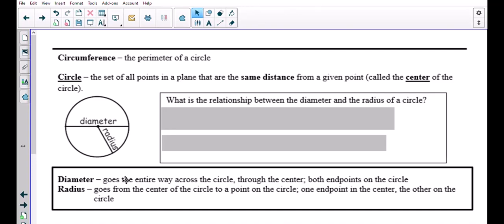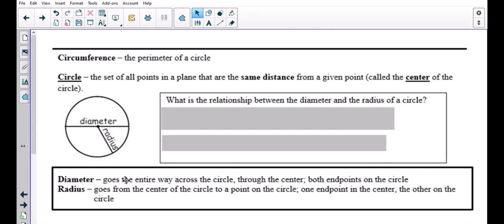So one endpoint is in the center, the other is actually on the circle itself. It's important to be able to identify those things and also understand the relationship between the diameter and the radius of a circle. I know you've probably talked about chords as well. We're not going to deal with them right here because we're going to be using the circumference and area formulas.